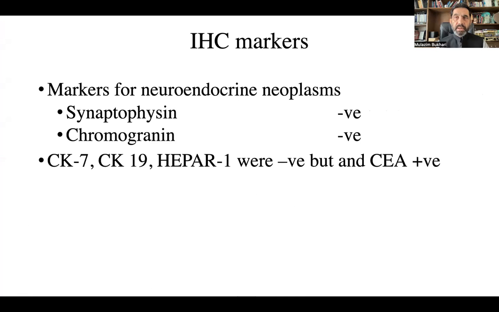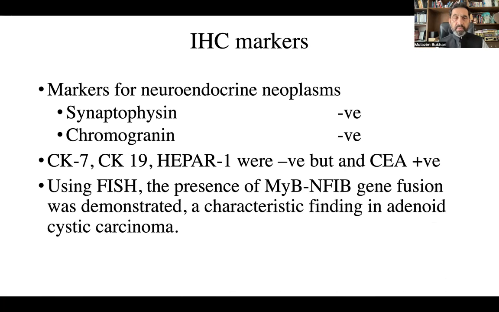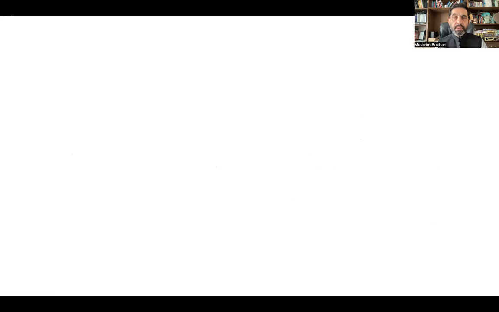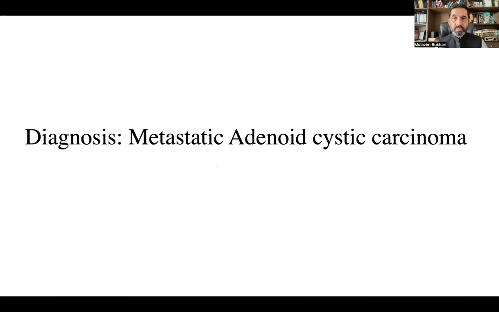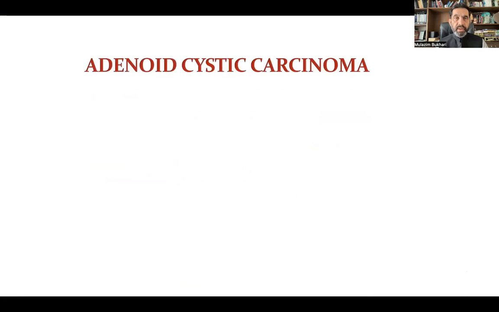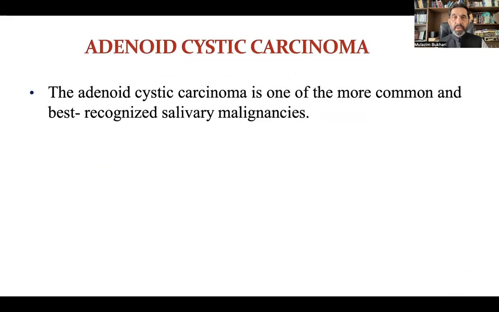All the markers related to hepatocellular carcinoma or cholangiocarcinoma were negative, but FISH shows the translocation of 6;9 involving MYB. This favors adenoid cystic carcinoma metastatic to the liver.